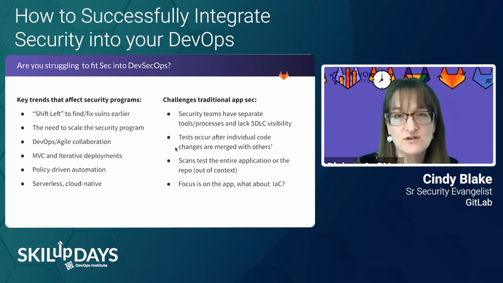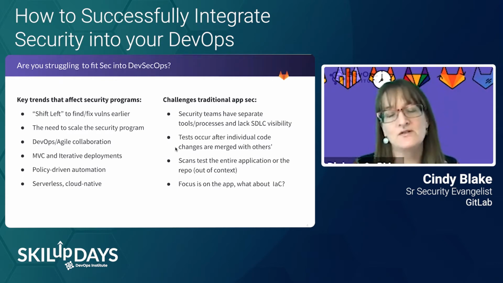So looking at just the code itself is no longer enough. You've got containers, orchestrators like Kubernetes, APIs, you've got infrastructure as code, things like Terraform, and all kinds of elements that come into play in addition to the code that you need to be thinking about from a security standpoint.